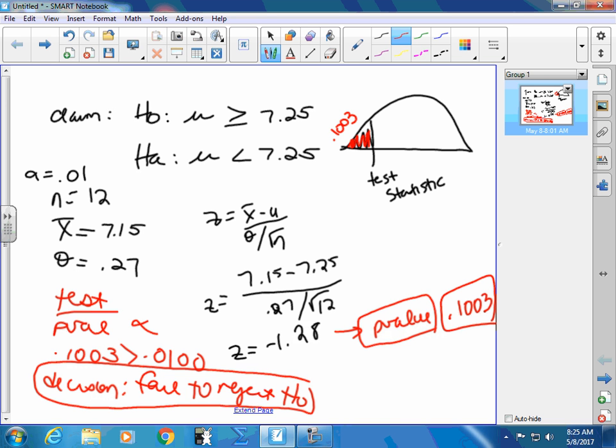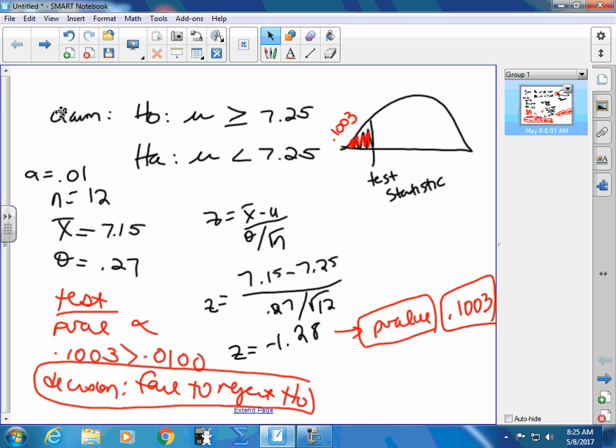Then we're going to take a step back and we're going to write the interpretation. So we're going to say my claim was my HO. I failed to reject it. So did I like it? If I fail to reject it, yeah, I kind of have to go along with it, but I have to follow my chart, and I'm going to write this whole thing out.